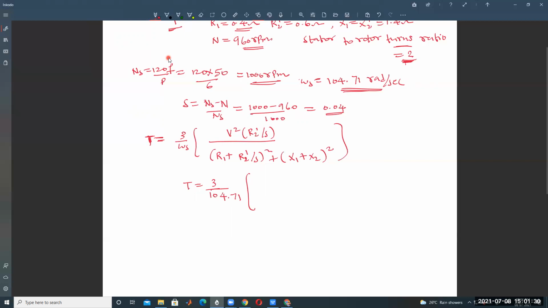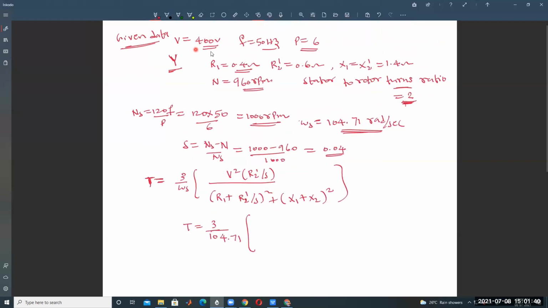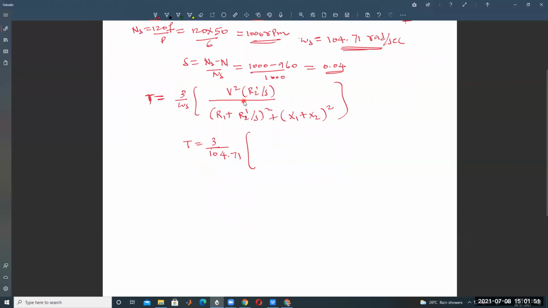Just substitute the values. How much voltage V here? What is the voltage here? Is it visible or not? 400 by root 3, since it is a star connected system.